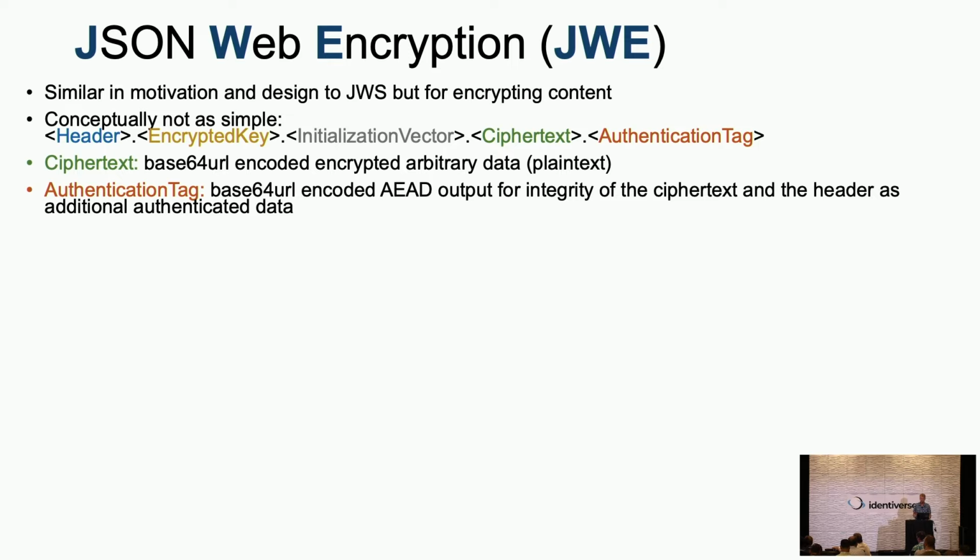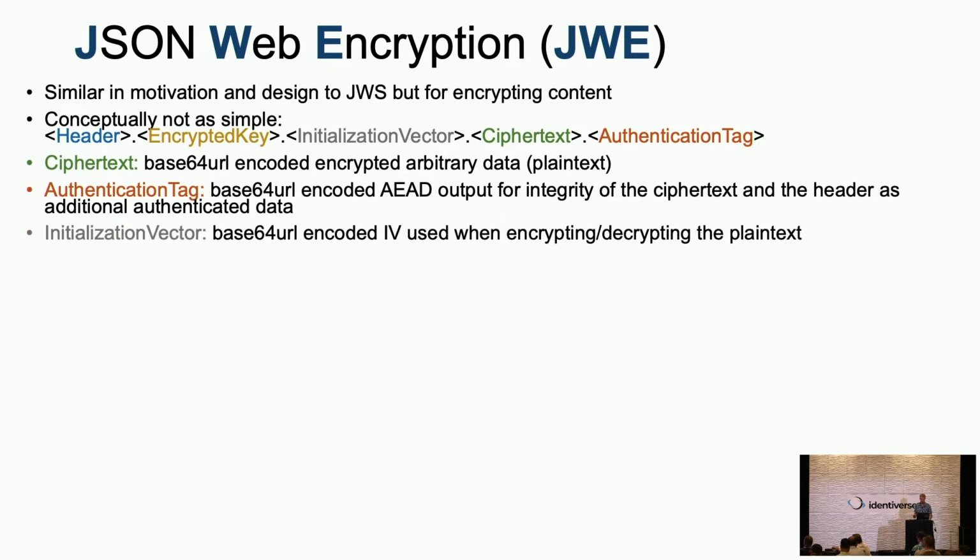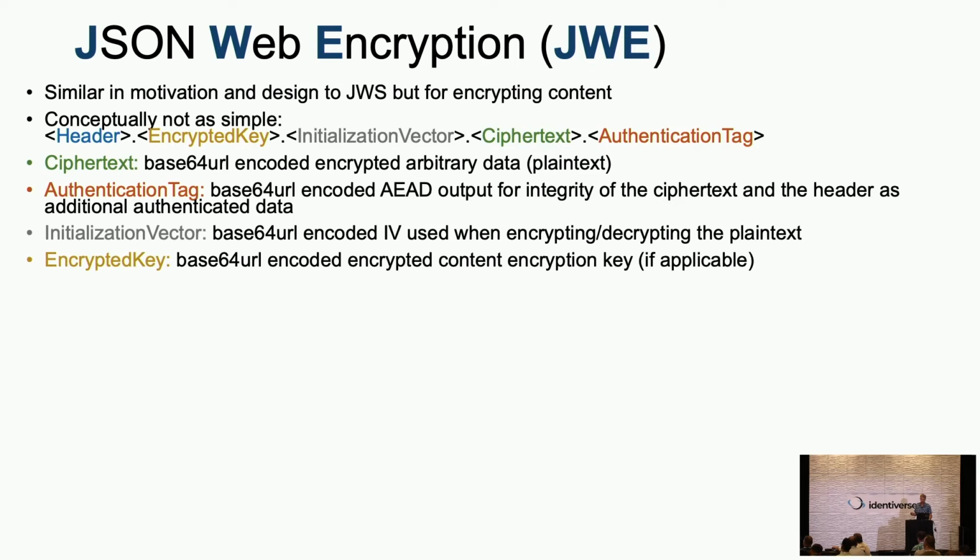It's all authenticated symmetric encryption, and the tag is the integrity portion of that. There's an initialization vector, which is fed into most, actually all, of the symmetric ciphers. And then there's an encrypted key in cases where there's some sort of key management algorithm happening at the top layer, like RSA encrypting a key to be used to encrypt the content. That would be included in this piece.